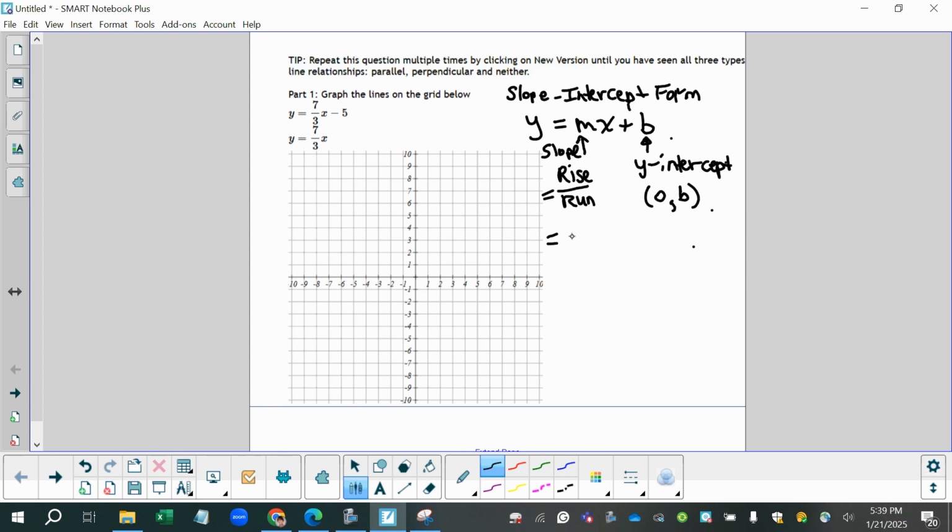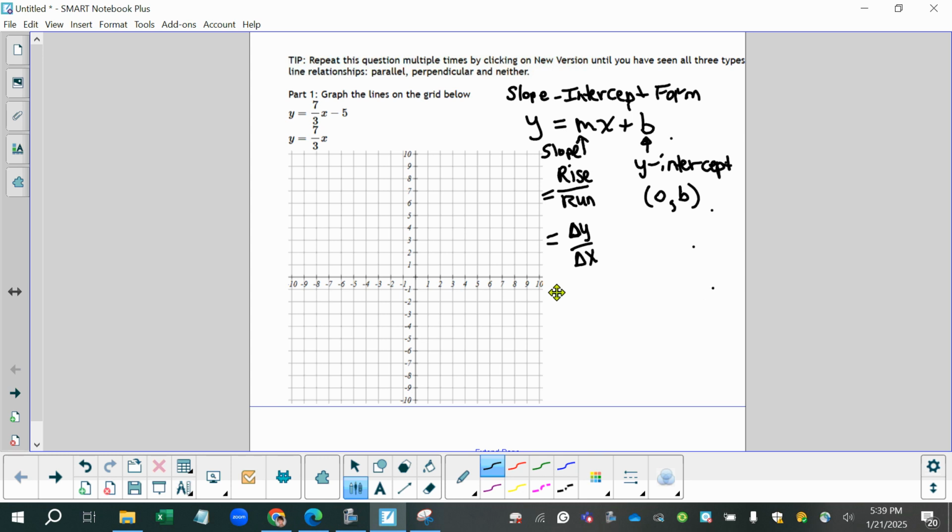More formally, we say it's the change in y over the change in x. The triangle here means change in. It's a delta, a Greek letter, delta. So this says change in y divided by change in x. That's why we say rise, because rise is the difference between two y values, so the vertical difference, and x is the horizontal distance between the 2 points. So we call that the run.